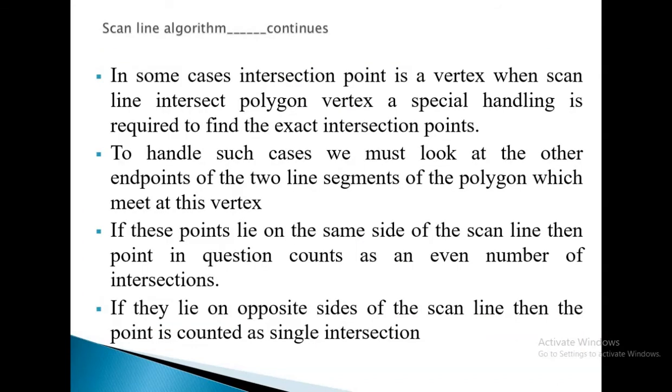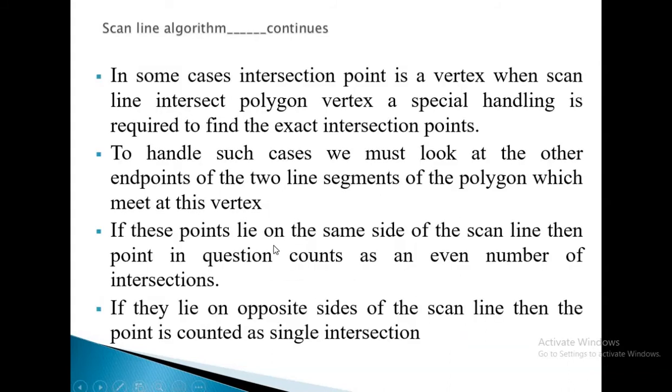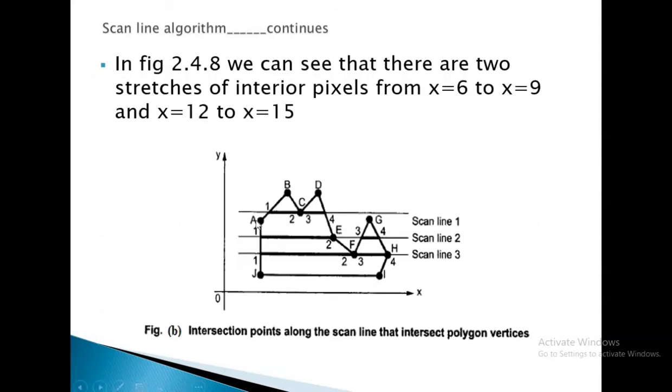Then the next one is a condition: if the points lie on the same side of the scanline, then the point in question counts as an even number of intersections, and on opposite sides it counts as a single intersection.